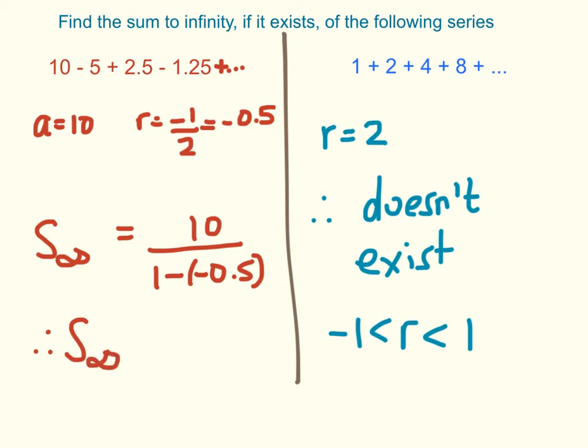That's a, which is 10, divided by 1 subtract r, which is -0.5. So that's 10 divided by 1.5, and sticking it on your calculator, you get an answer of 20/3. Leave it as a fraction, or round it to a degree of accuracy if the question asks you to. And that is it.